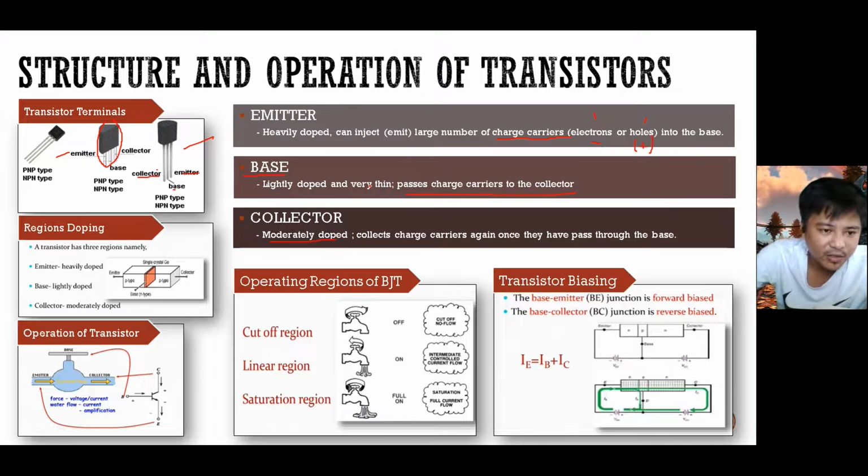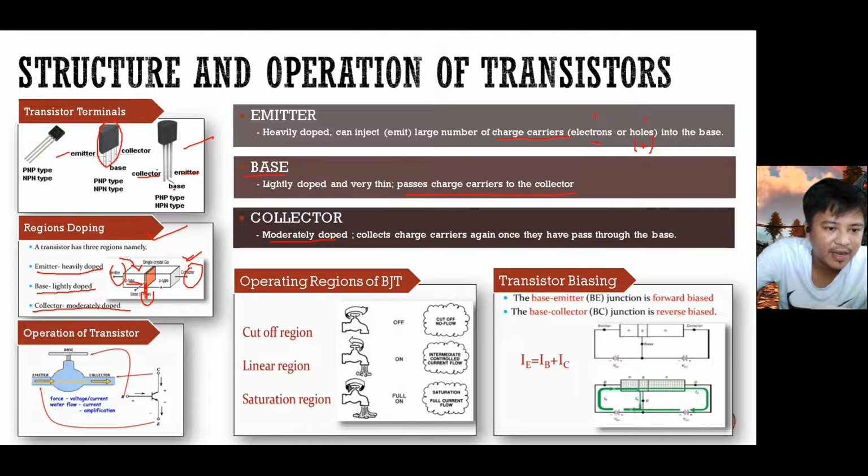Another thing to discuss here are the regions and doping, which are already included here. The emitter is heavily doped, the base is lightly doped, and the collector is moderately doped. Inside, this is the image of the doping regions. Basically, this one is the emitter, this one is the base, and this is the collector.